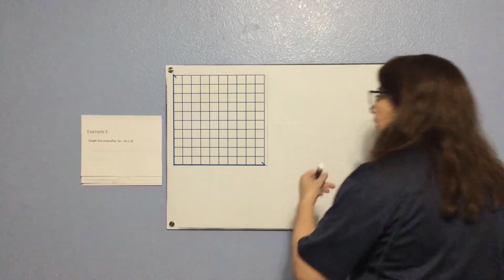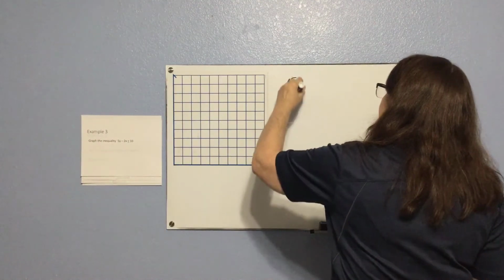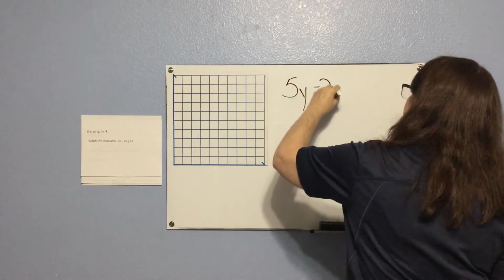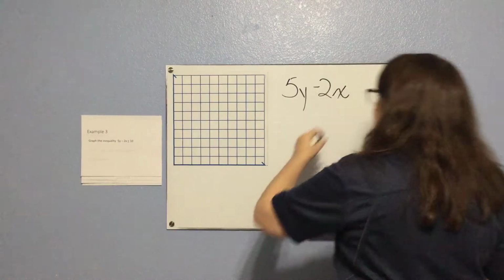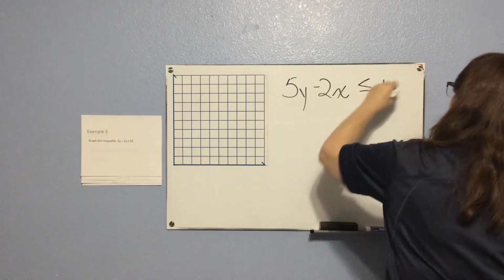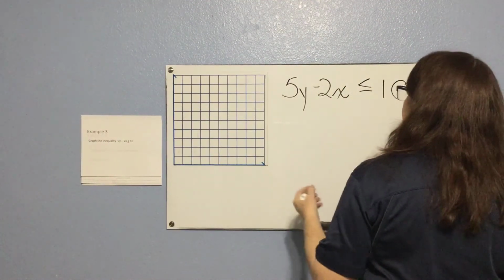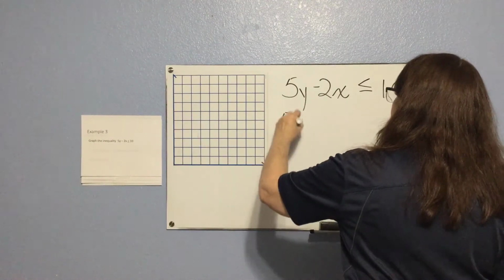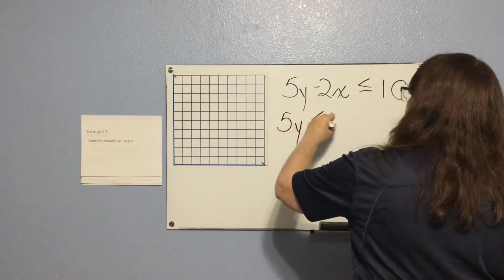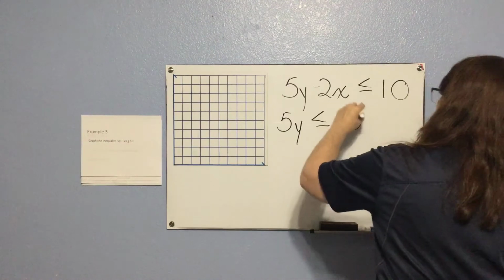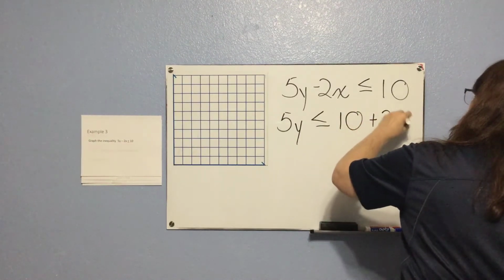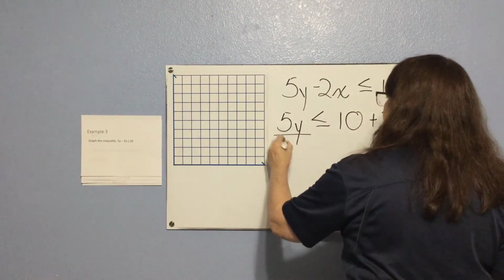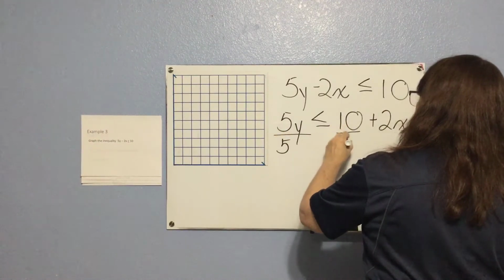Here's another inequality. 5y minus 2x less than or equal to 10. Same as before. And now we're going to divide by 5.